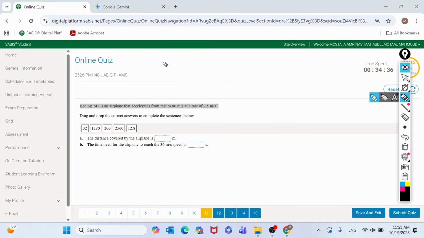So it's going to be v final squared, so 80 meters per second squared, minus v initial squared, so minus 0 squared, equals 2a, so 2 times 2.5 times delta x.